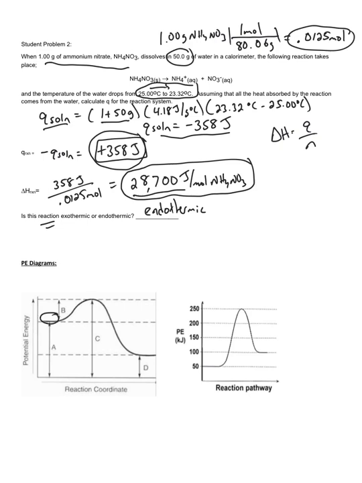shows the initial energy of the reactants. So this is the energy content of the reactants. This shows how the reaction occurs, its pathway to get from reactants to products. Where it ends off is the energy content of the products.